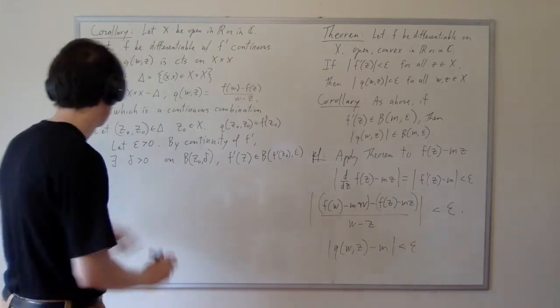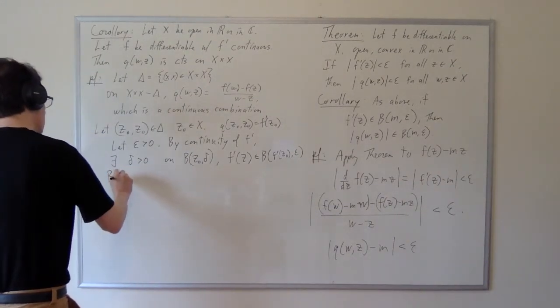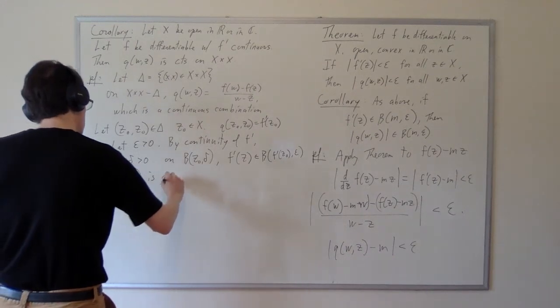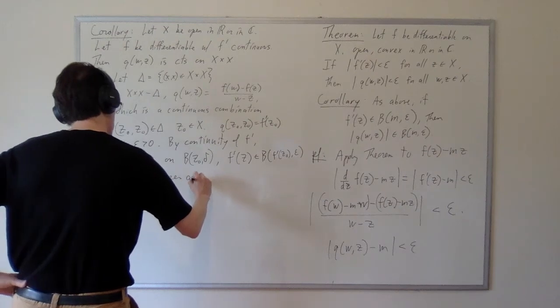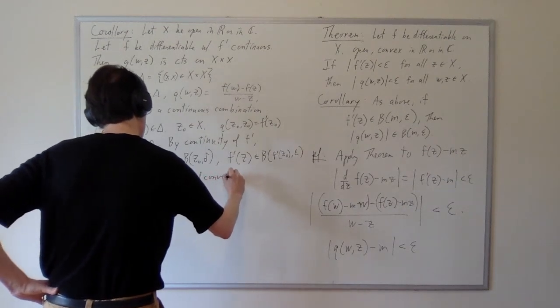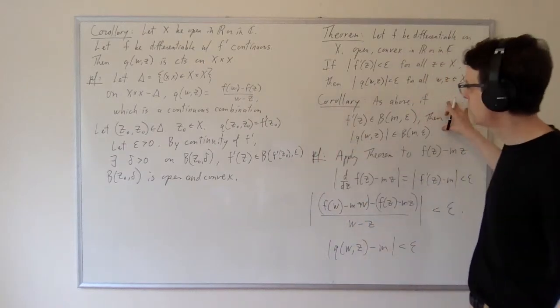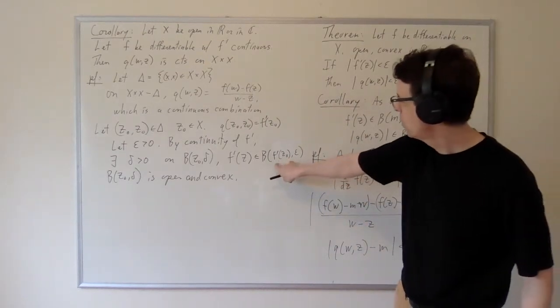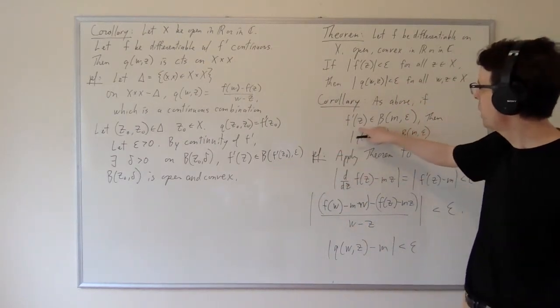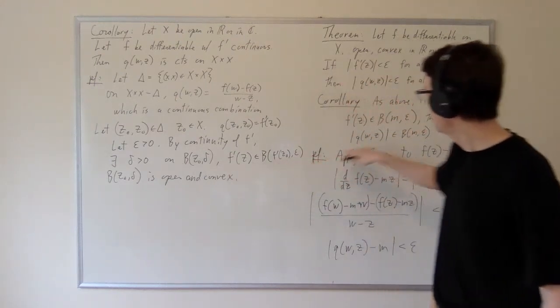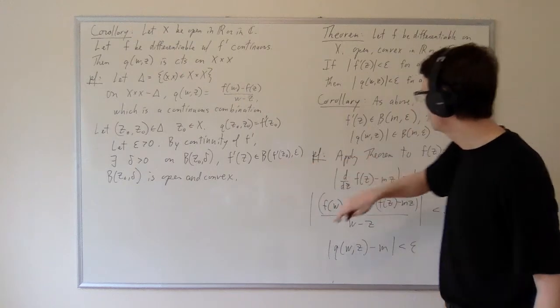Now, this ball around z naught of radius delta is not only open, but it's also convex. And that means that this theorem and its corollary apply. And so here we have a slope, and we have a uniform estimate that applies on this open convex set. f prime of z is always within epsilon of this value.